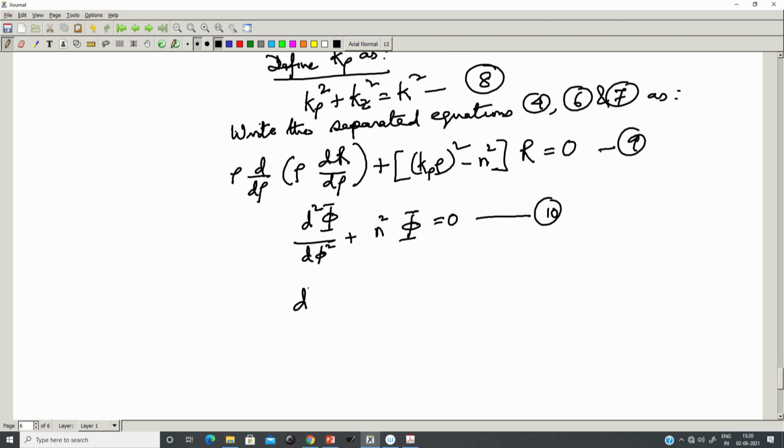And we also write d square capital Z dz square plus kz square Z equal to 0, that comes from equation number 4. We call this equation number 11.